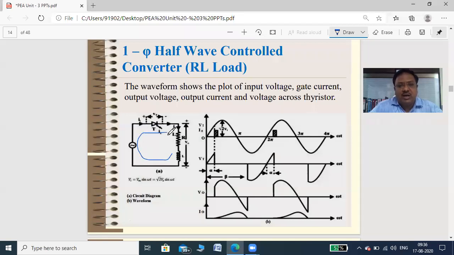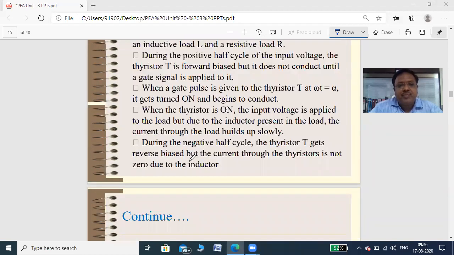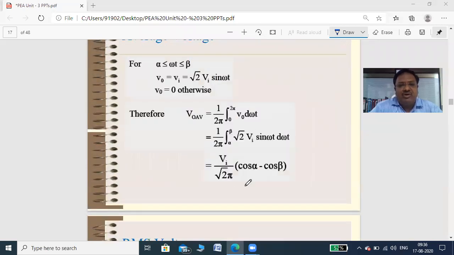So the SCR remains on for the negative half cycle till the energy stored in the inductor is over. Once the inductor energy is over, the SCR stops conducting. We have already seen that. Then the average voltage for that is given by cos alpha plus cos beta.